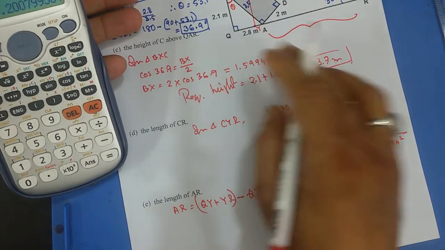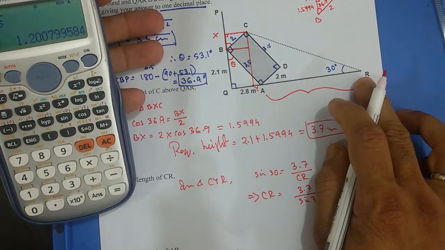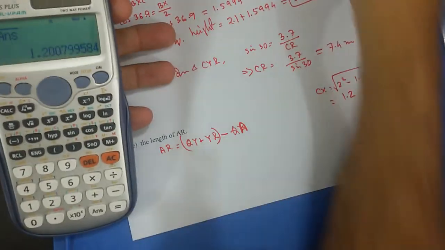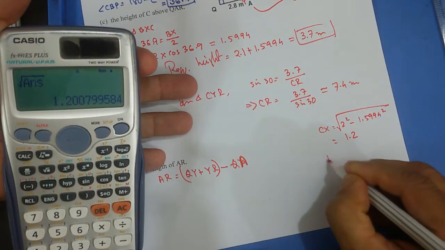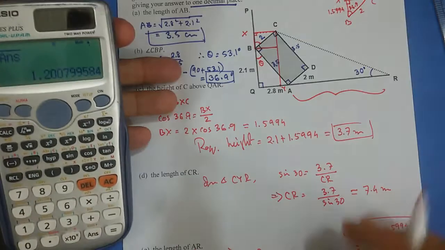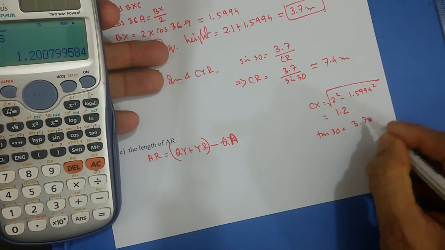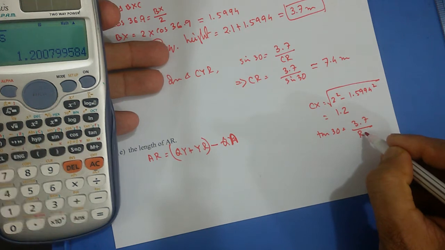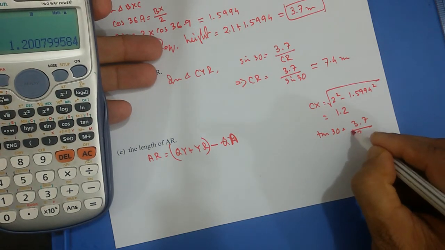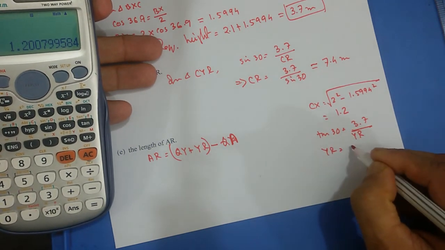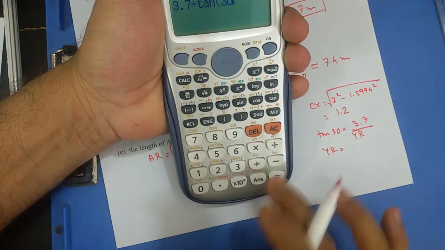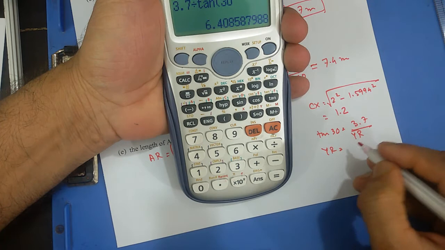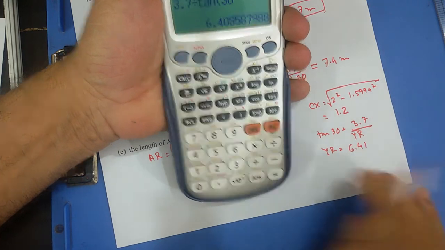I got that. And now I can use tan. So tan 30 is going to be CA, that's the height, 3.7 over YR. So YR is going to be 3.7 divided by tan 30, and that's going to give me 6.41.